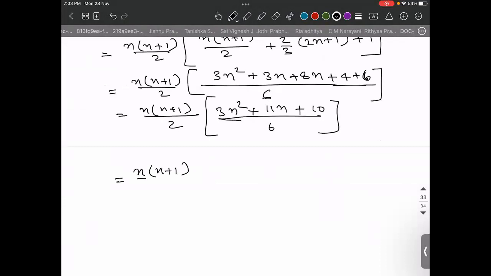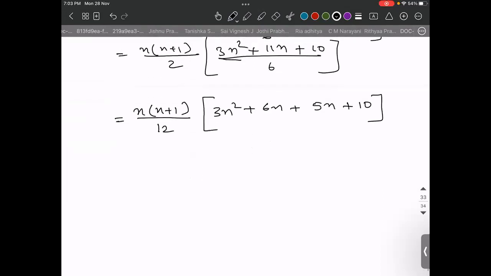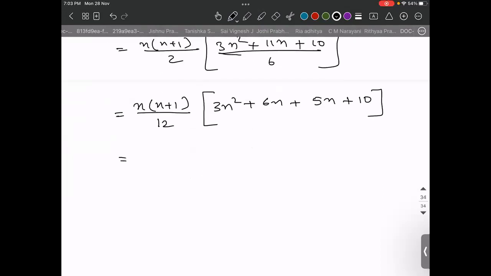Yeah, do it again. We cannot just leave it like this. So what we can write, this 3 splittings. Can we write like this? Nidhi, is this correct? So n into n plus 1 upon 12.